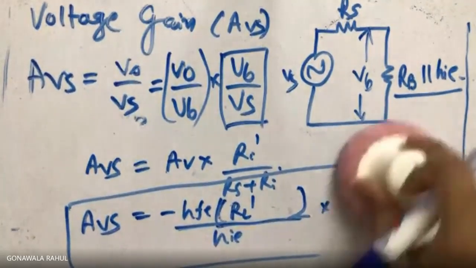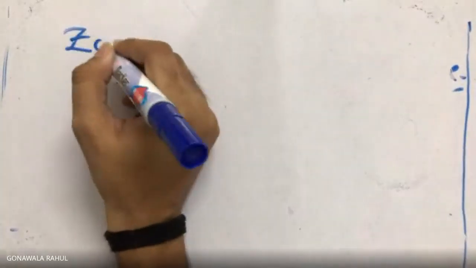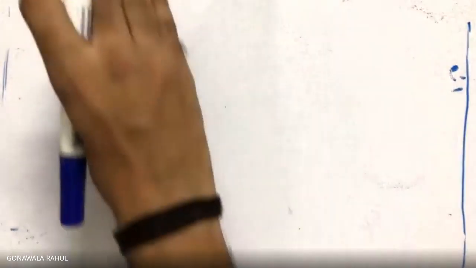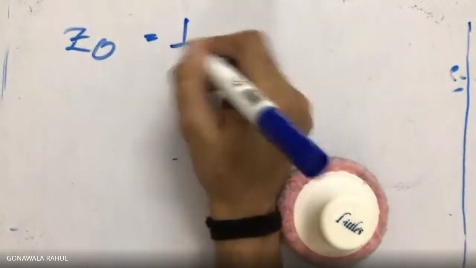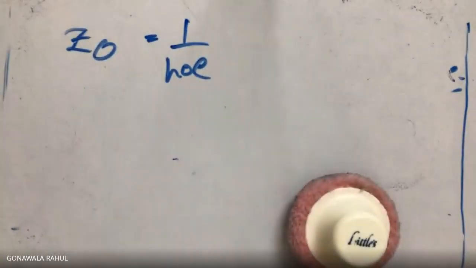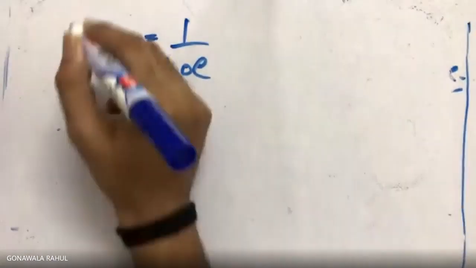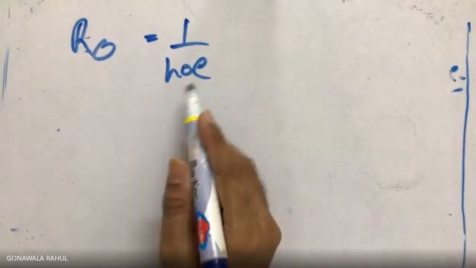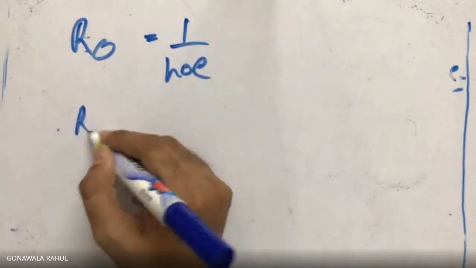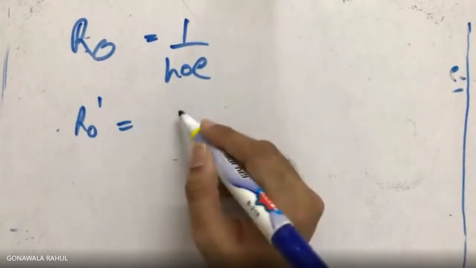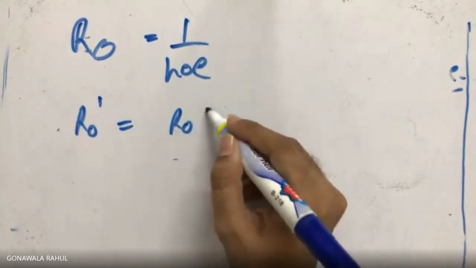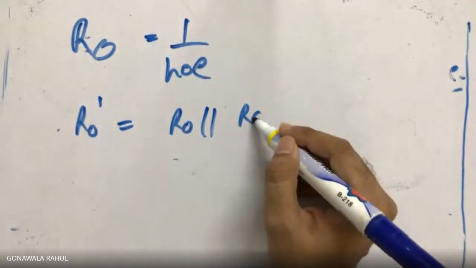Now the last parameters pending are output impedance. The output impedance would be 1 over hoe, and Ro dash will be Ro parallel with RC.